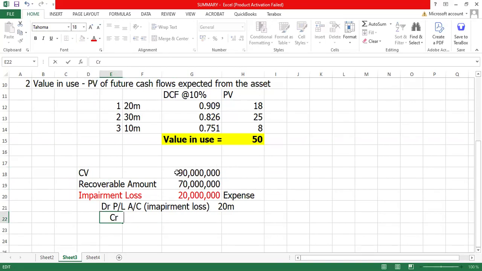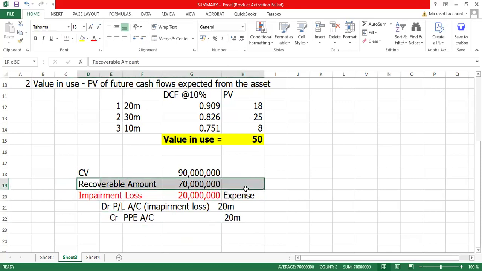Every time you're crediting an asset, you're reducing the asset. So you're crediting the PPE account by 20 million. So it means that in your balance sheet, we expect you to have an asset at 70 million.